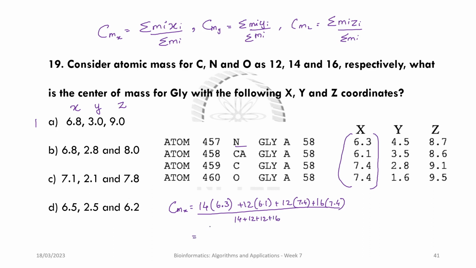So that would be 14 into 6.3 plus 12 into 6.1 plus 7.4 plus 16 into 7.4. So this gives 368.6 divided by 54.